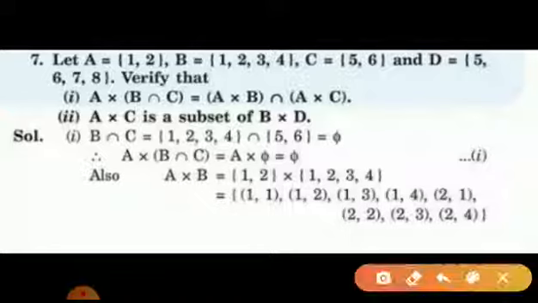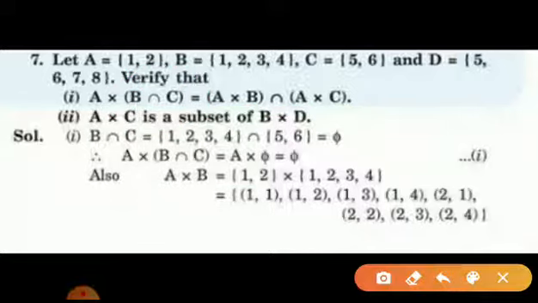And also verify that A cross C is a subset of B cross D. We have to verify, that means we have to prove that LHS is equal to RHS for the first part, and the second also, both we have to prove. Now, here I have to prove LHS is equal to RHS. If I am considering LHS, what do we need?